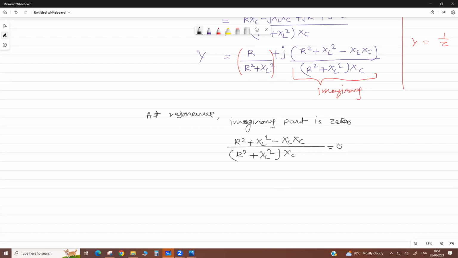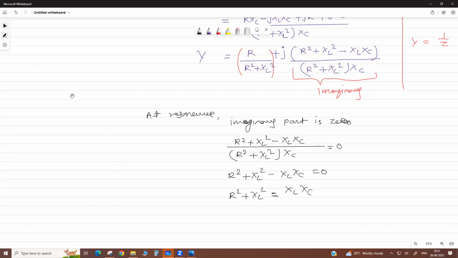It means this numerator is multiplied with 0, so it is only R square plus XL square minus XL XC equals 0, or R square plus XL square equals XL XC, because this is negative, so it goes to this side and becomes a plus.